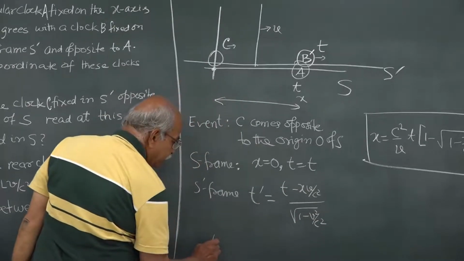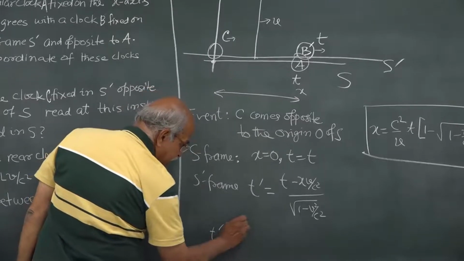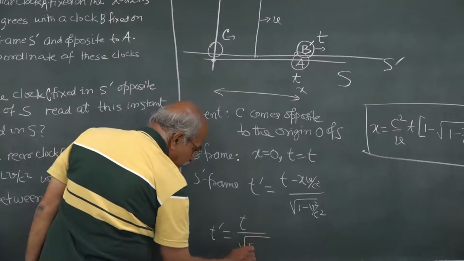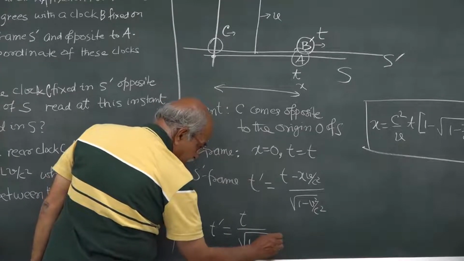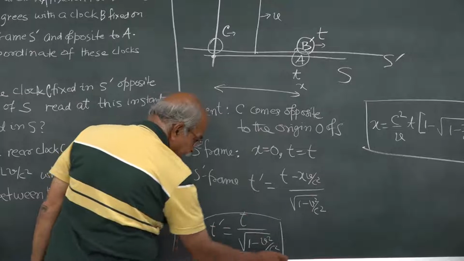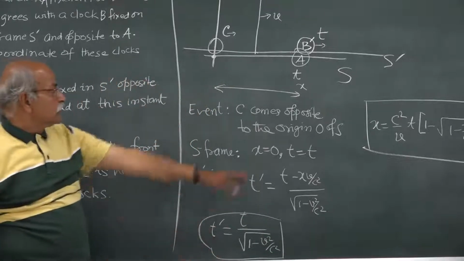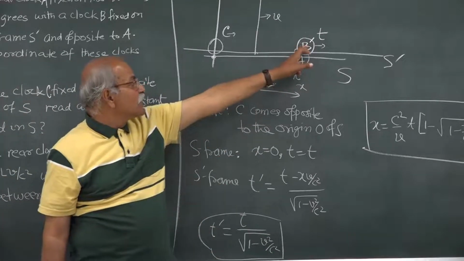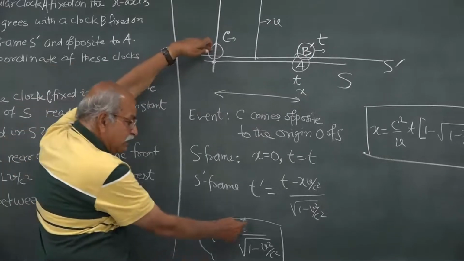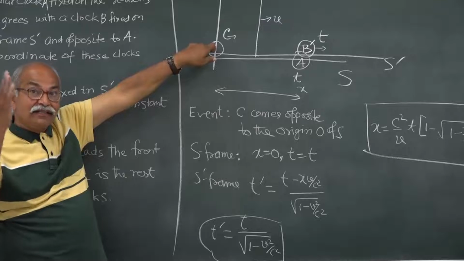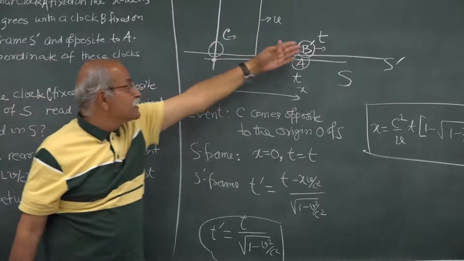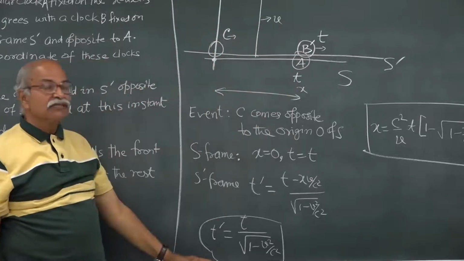So t prime is t divided by square root of 1 minus v square by c square. So that is it. This clock is reading t, and this clock is reading t divided by square root of 1 minus v square by c square at the same instant.